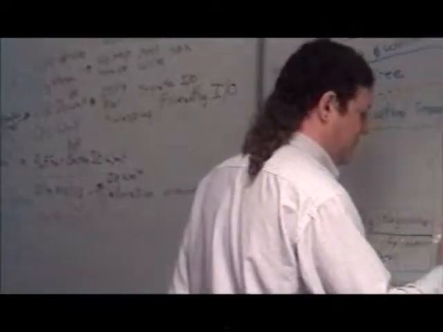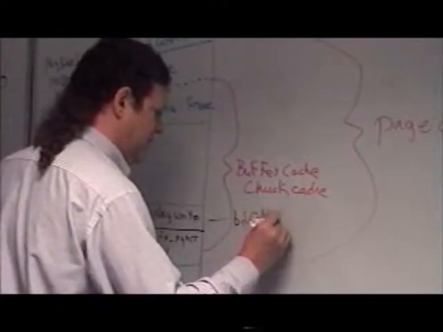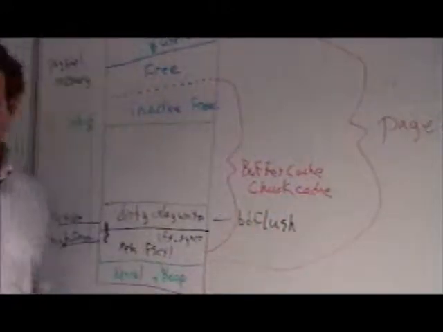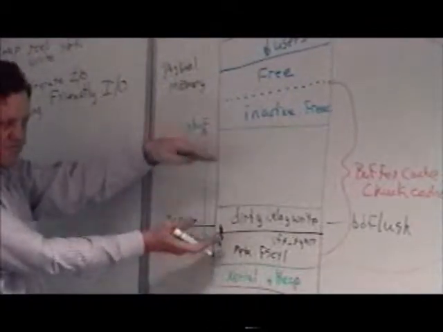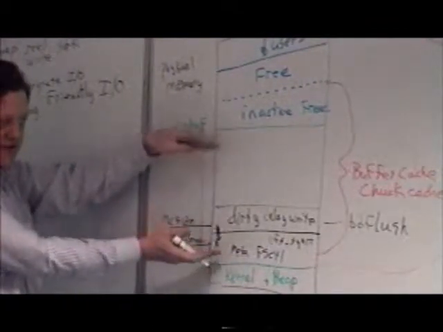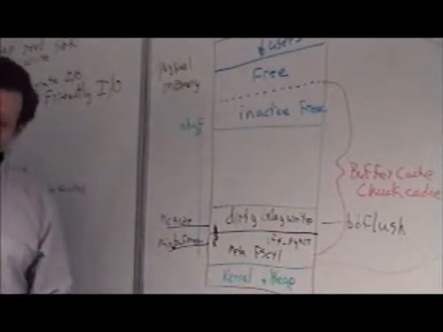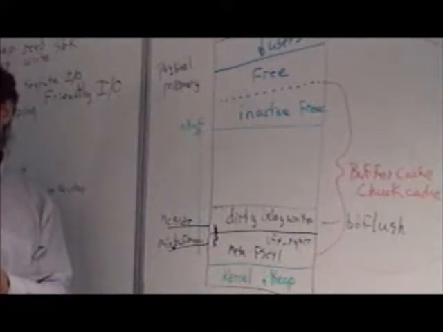So BD flush is the command that's doing this. And BD flush controls how much memory footprint this delay write area is going to have. Okay. If I stuff a whole bunch of data into the kernel and say don't flush it, it could grow rather big.